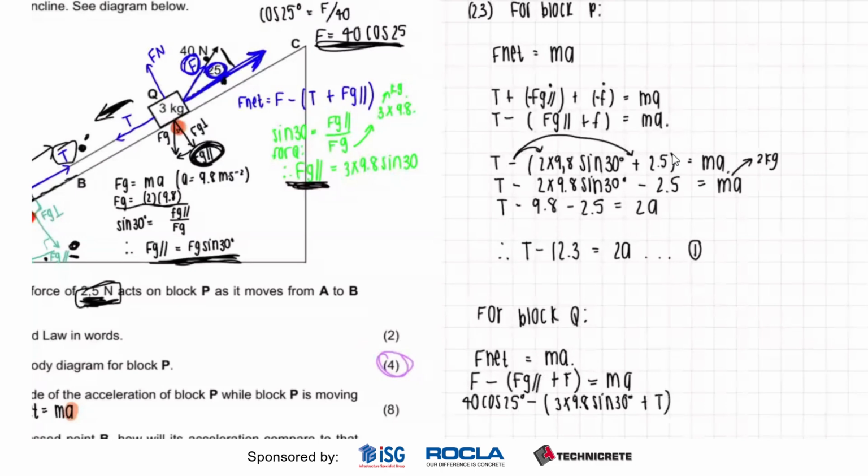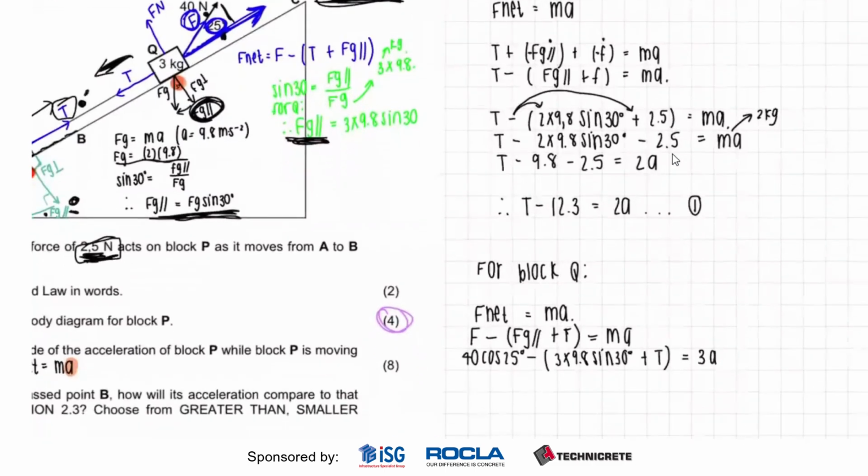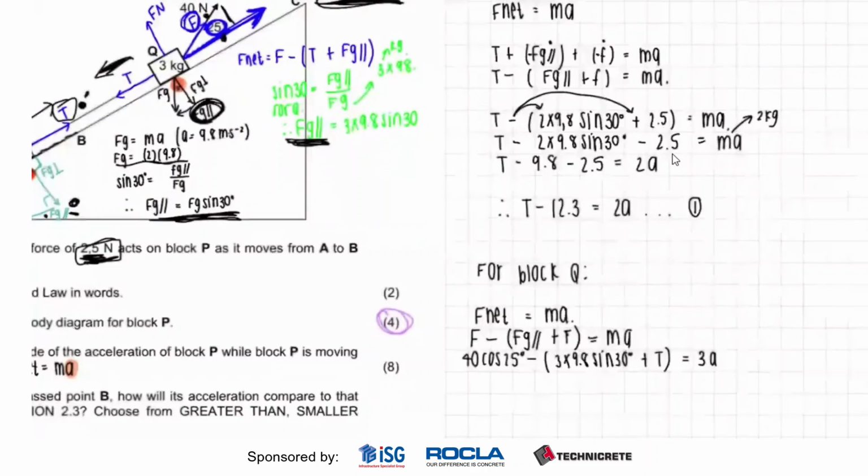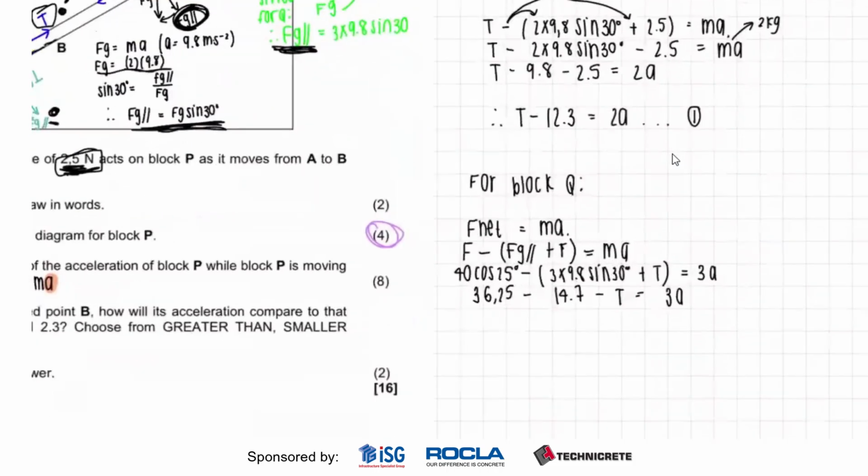We don't know what the tension is, but we do know that the mass of the block is 3 kilograms, and then put 3A. Okay, if we use our calculator and calculate this, we get 36.25 minus 14.7 minus T equals 3A.